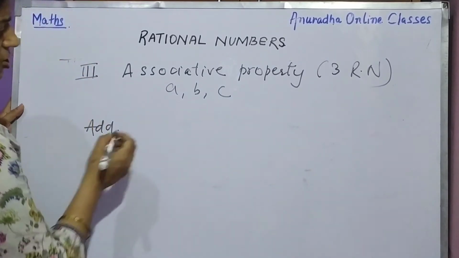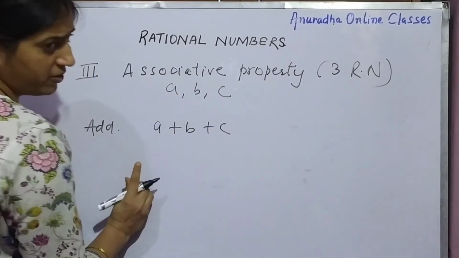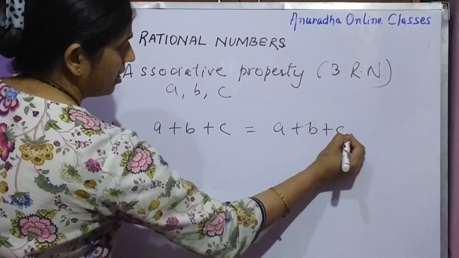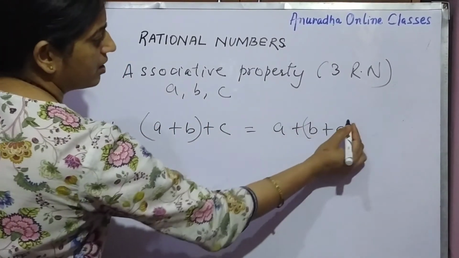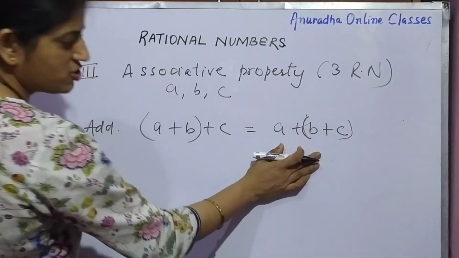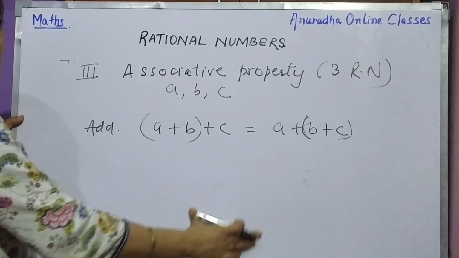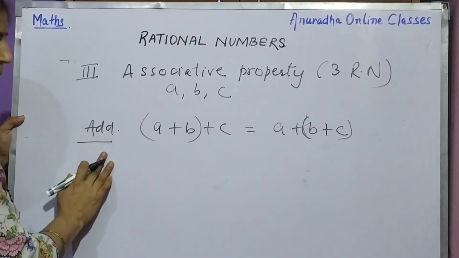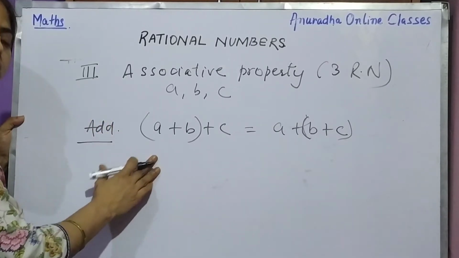In case of addition, if I say (A plus B) plus C, I have written this. That must be equal to A plus (B plus C). Here we have made the first association this, and in RHS I have made this association. Now is it equal? Let us see. Is associative property applicable to addition of rational numbers?